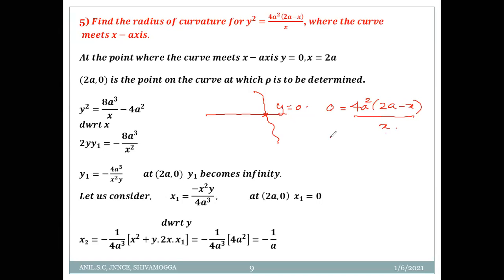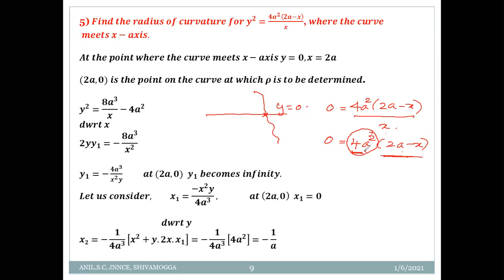0 into x is 0. This is equal to 4a square into 2a minus x. And the product of these two terms is equal to 0, means at least one of the two terms is equal to 0. That is either 4a square is equal to 0 or 2a minus x is equal to 0. But you cannot equate 4a square to 0 because 4 is positive, a square is also positive.